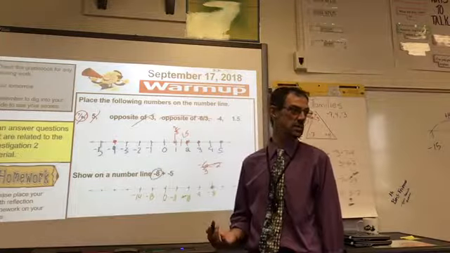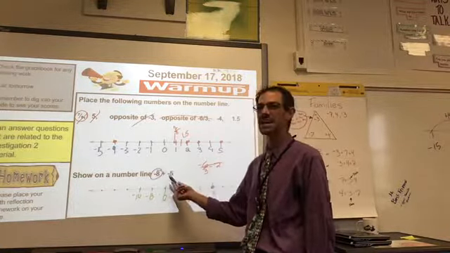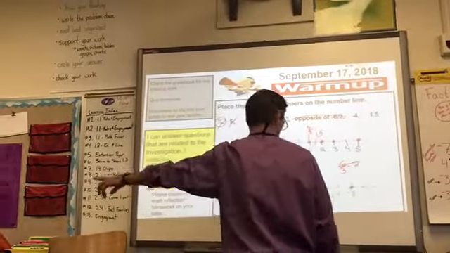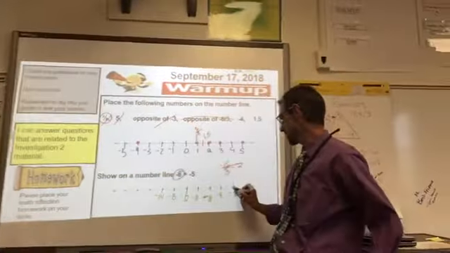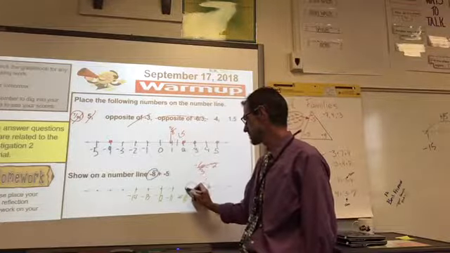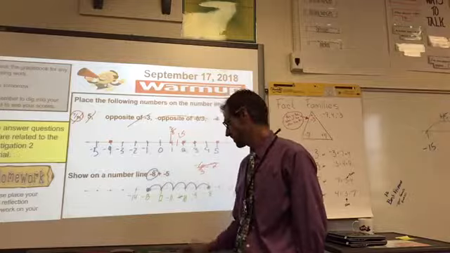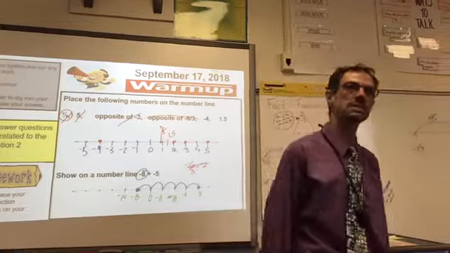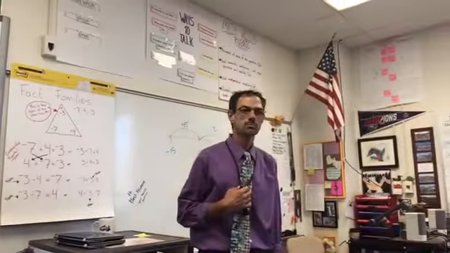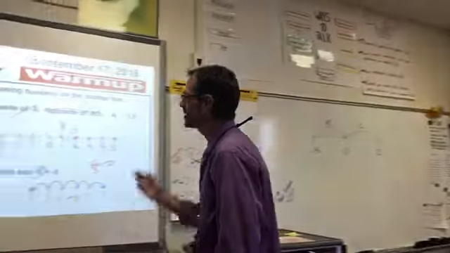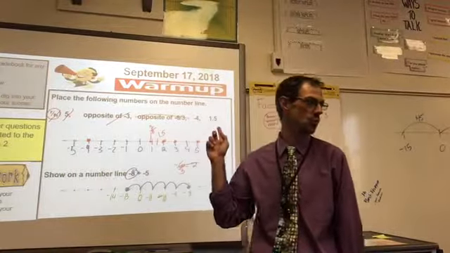That first number is what I start with. Then it says add -5. When I add negatives, I become more negative. So this is going to become more negative. 1, 2, 3, 4, 5. I end at -13. Any questions about the warm-up for today?